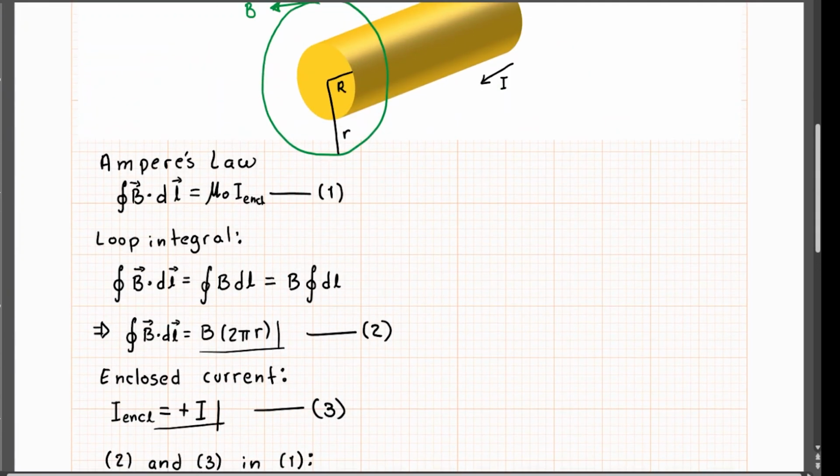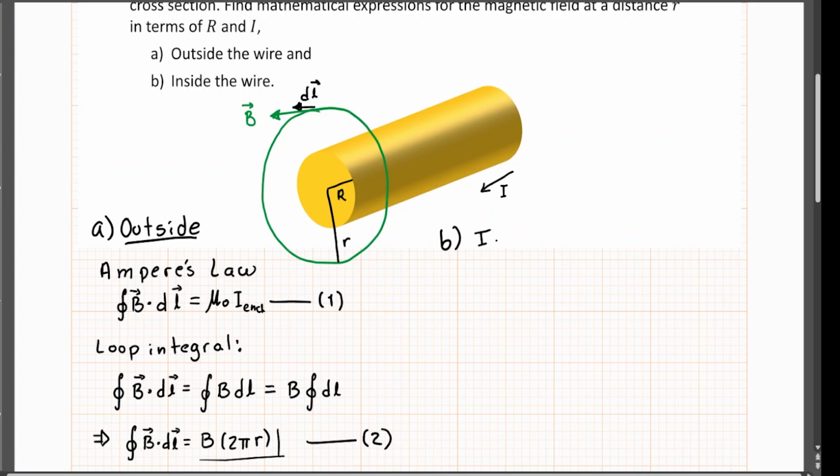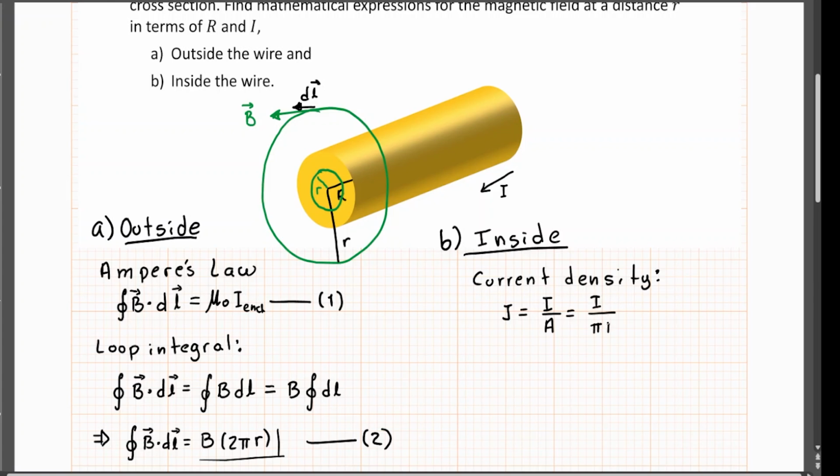For the field inside the wire, we choose a circular Amperian loop inside the wire that encloses only a fraction of the current. With the current uniformly distributed, the current per unit of area, or current density, is, and from that, we can obtain the current enclosed by a loop of radius r.